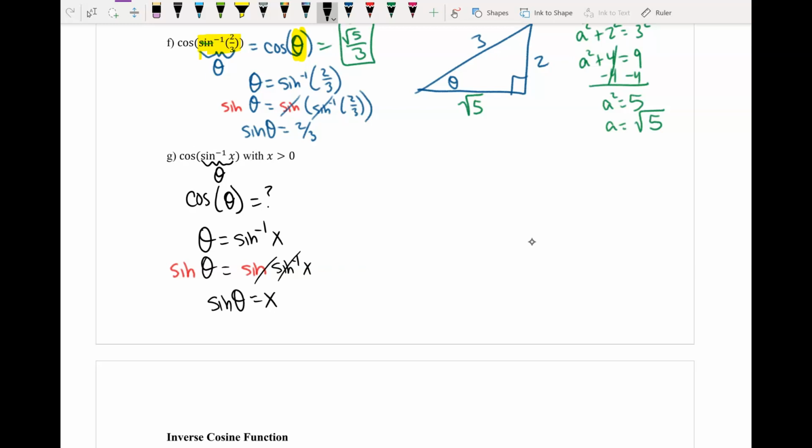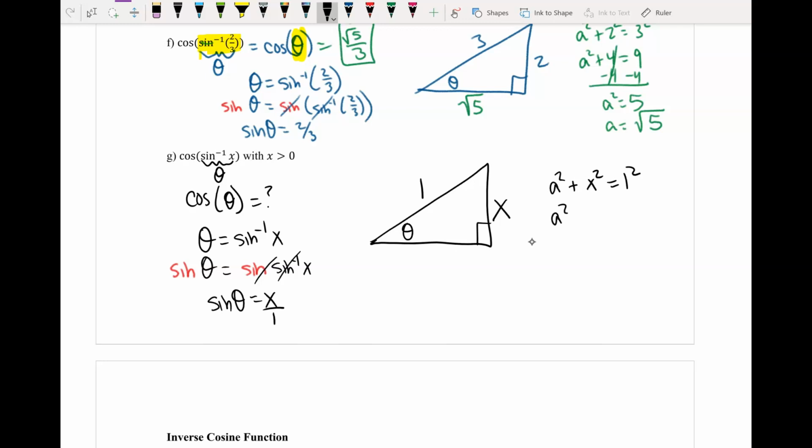So we're going to do the same thing that we did before. Draw a triangle. Here's theta. We know that sine theta is opposite over hypotenuse, so this is x over 1, because remember I can write this as over 1. Now let's use a squared plus b squared, which is x squared, equals 1 squared.